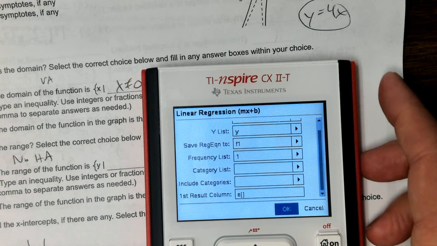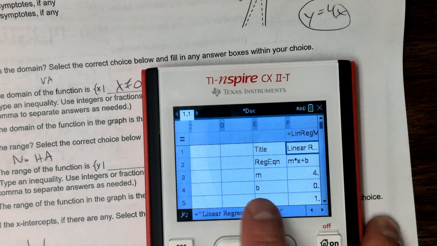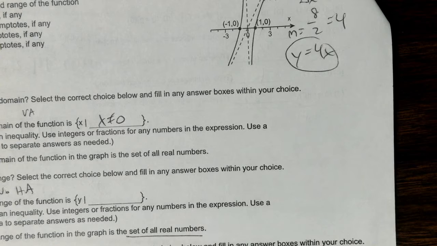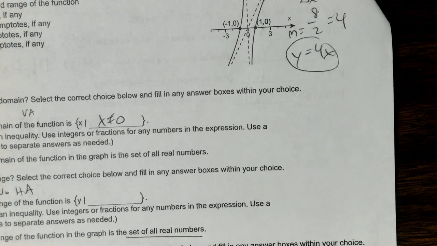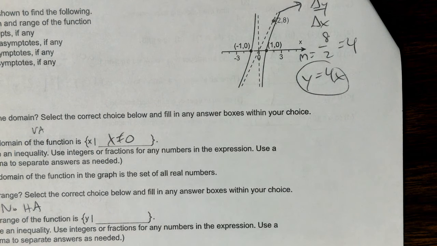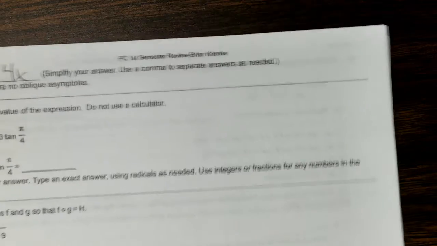Then scroll down to OK, and we get 4 for m and 0 for b, so it's 4x plus 0, which is the same as 4x. So if you have some other ordered pairs other than 0, 0, you may want to do it that way. Otherwise, use your formula. All right, so that's y equals 4x.